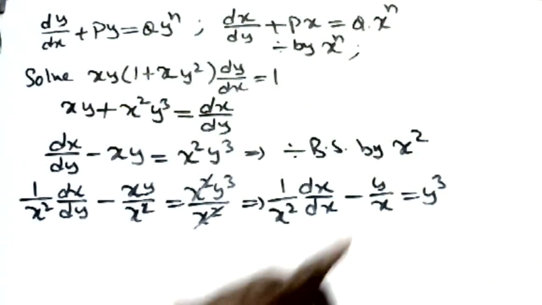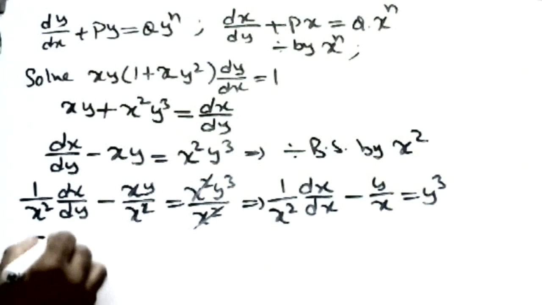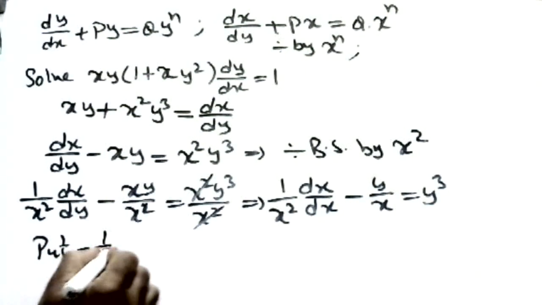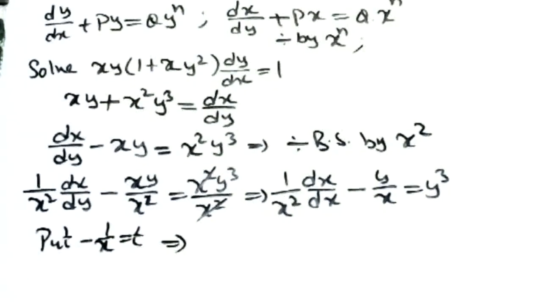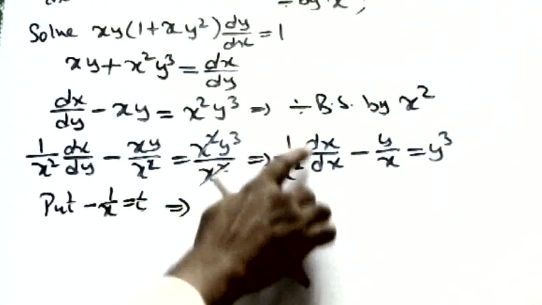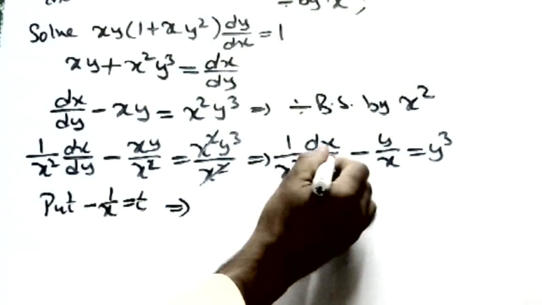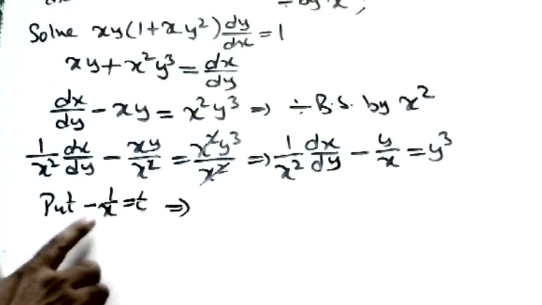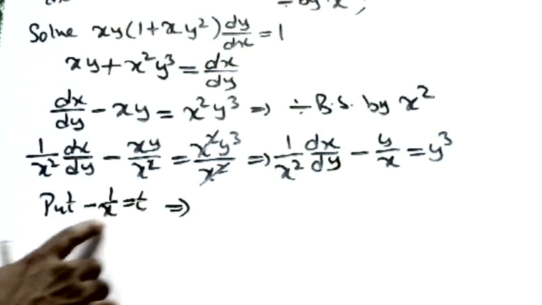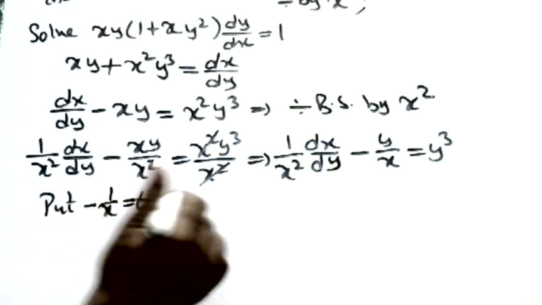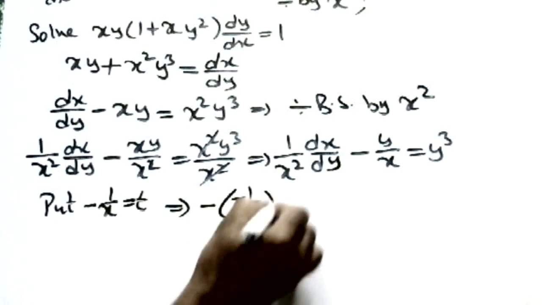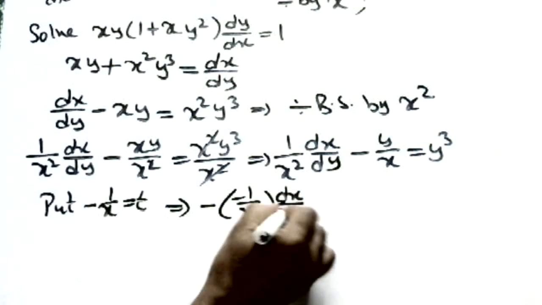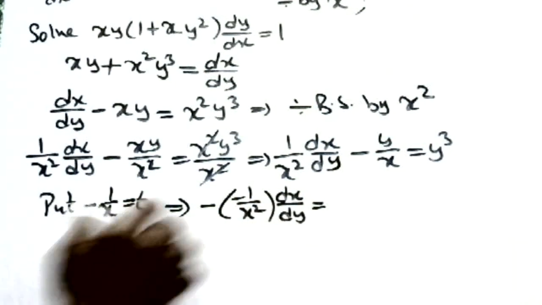Now from here, what is the procedure? We have to suppose this as t. Put minus 1 by x equals t. Now let me differentiate both sides with respect to y, because we are having dx by dy here. Now the derivative of minus 1 by x is plus 1 by x square with respect to y, so we write dx by dy.